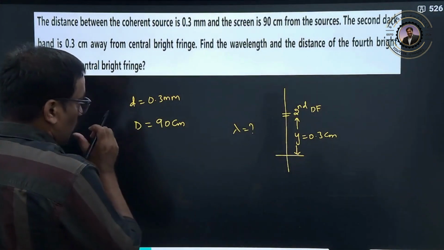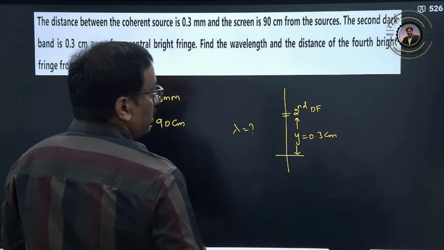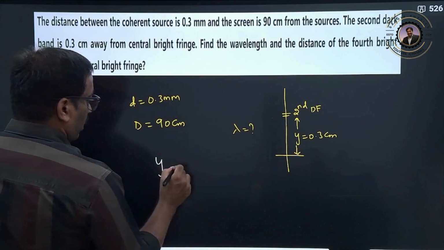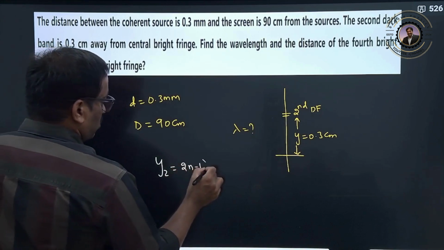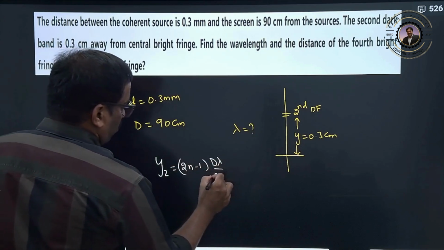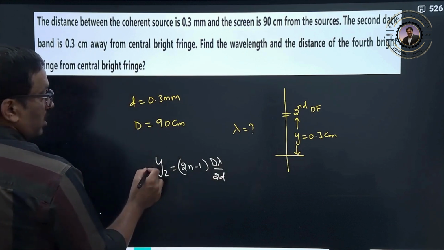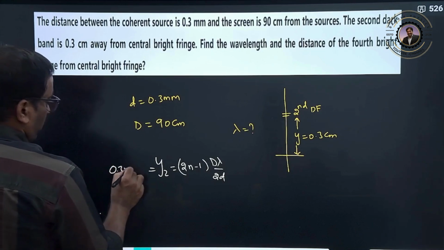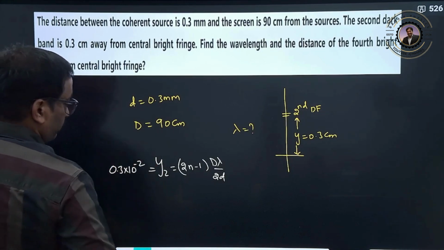So he gave this is your second dark fringe. So you know that y2 you can write down (2n minus 1) into D lambda by 2d. This is given as 0.3 centimeter, so 0.3 into 10 to the power of minus 2.